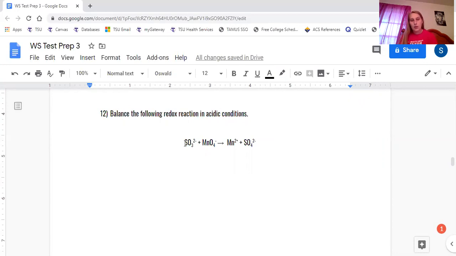We're going to have this half, and then we're going to have the other half of the sulfur one.